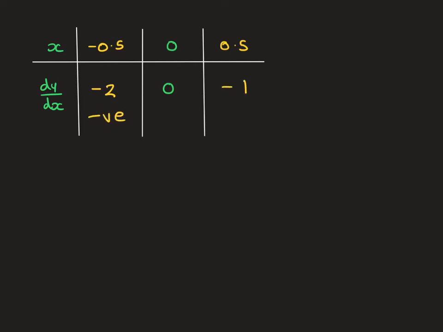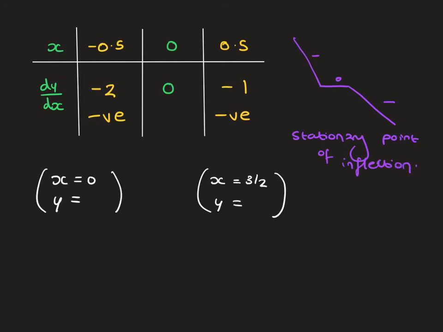So this means we go negative, 0, negative, and I always need to sketch out what that means. So that means the gradient goes from negative to 0 to negative. So what do we have? We have a stationary point of inflection. And we needed that confirmation from the first derivative. So I now know that at the point x equals 0, we know that y is equal to 0, and we have a stationary point of inflection.